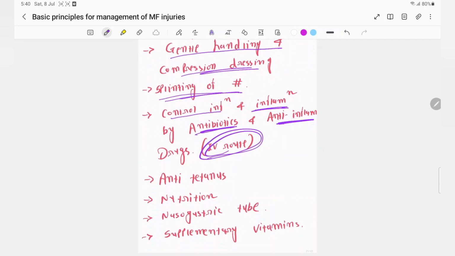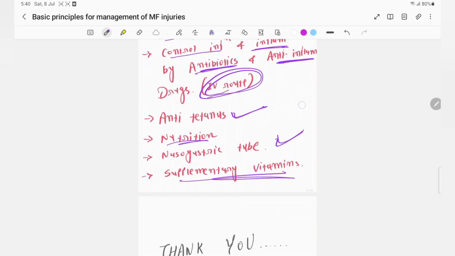Then an anti-tetanus injection we have to give. Then we have to take proper care of the patient's nutrition. If the patient is not able to chew orally, we have to insert a nasogastric tube. Then supplementary vitamins can be given, right?